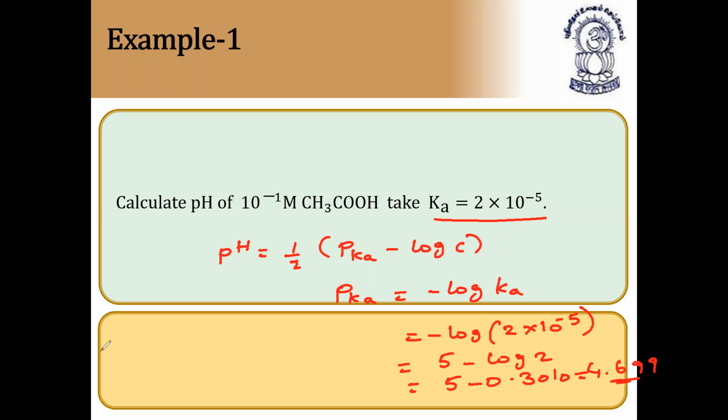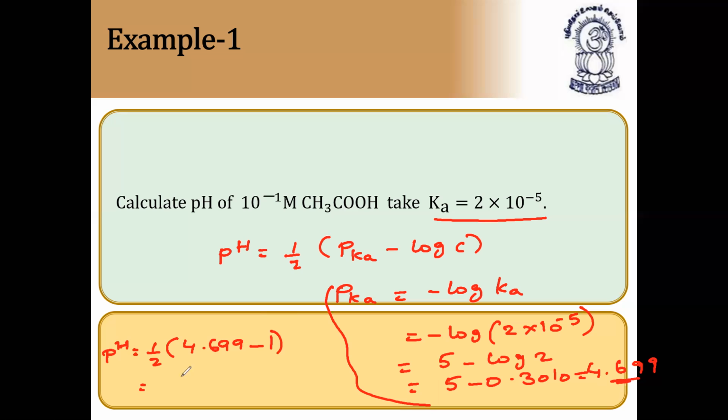Now pH is equal to half into 4.699 minus log C. Log C is equal to log 10 to the power of minus 1, which is equal to minus 1.